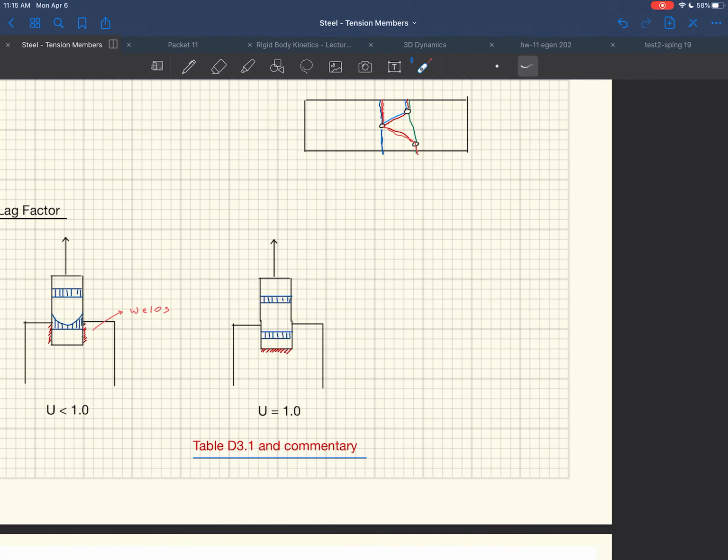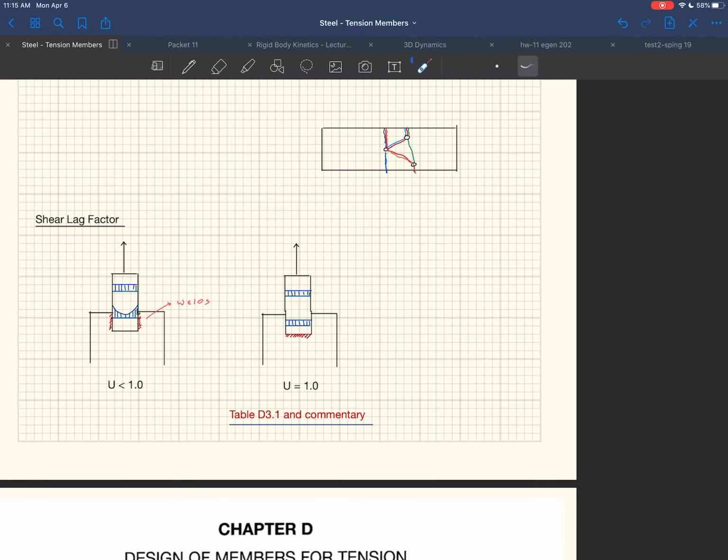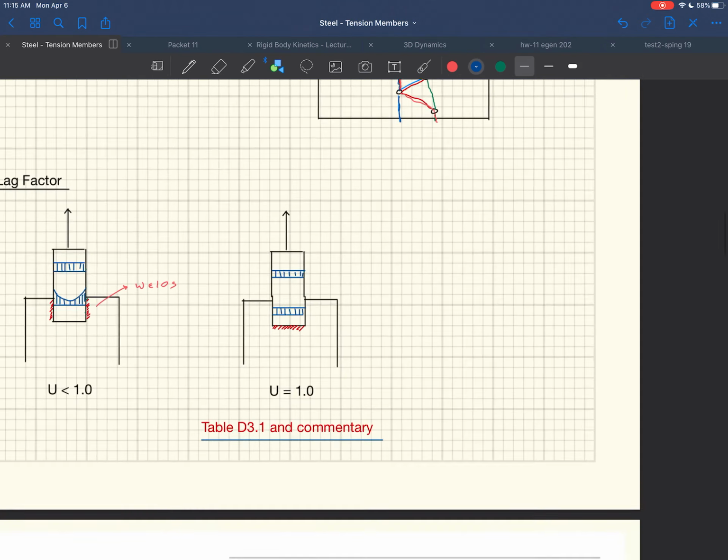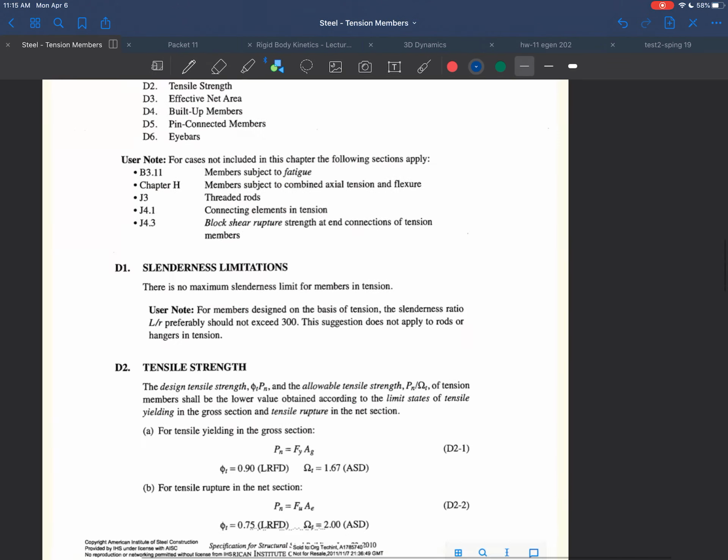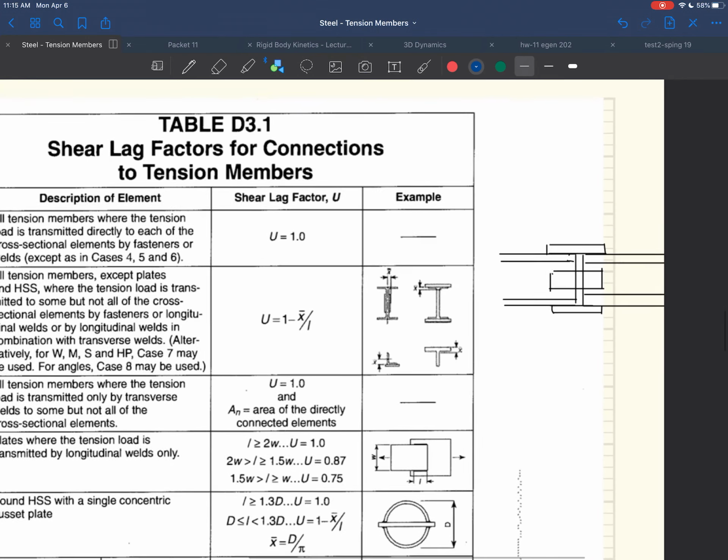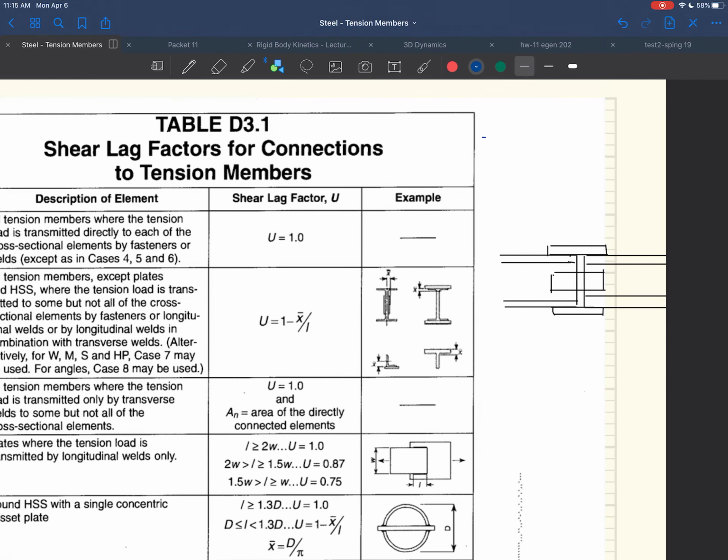Okay. Another example would be if I was connecting two wide flanges. If I had a wide flange like this, right, and I was attaching it to another wide flange over here.